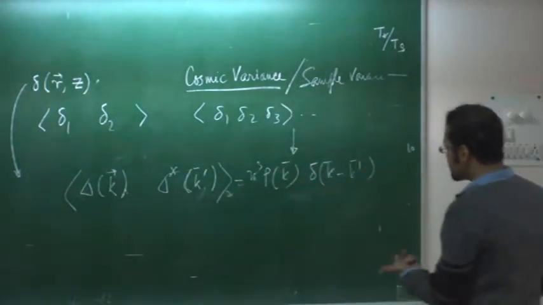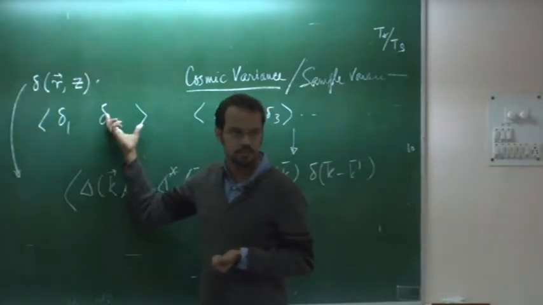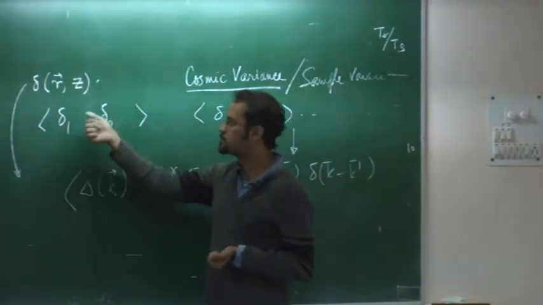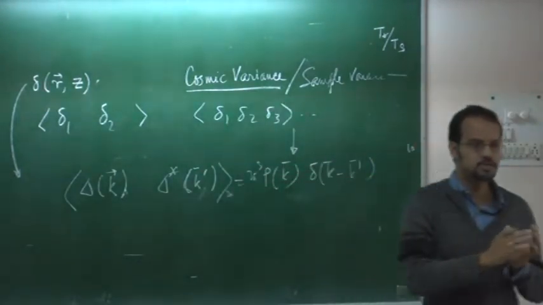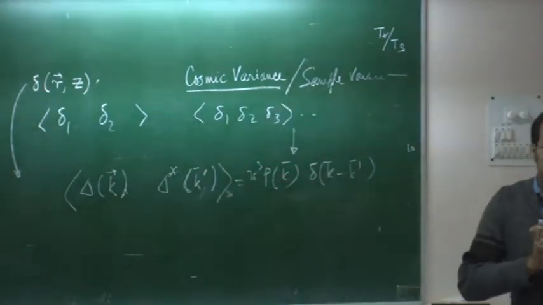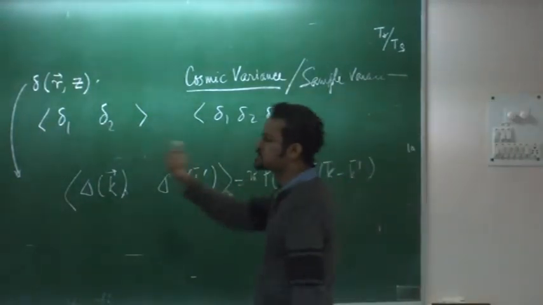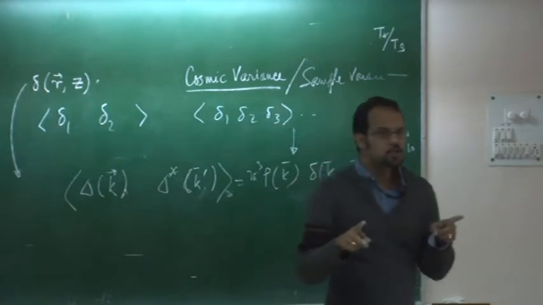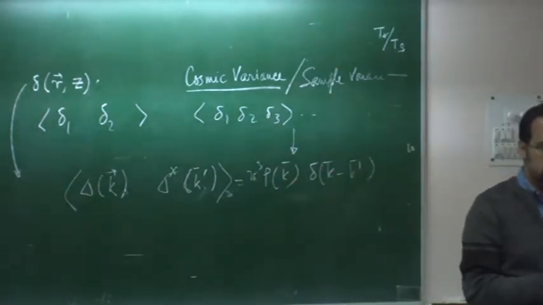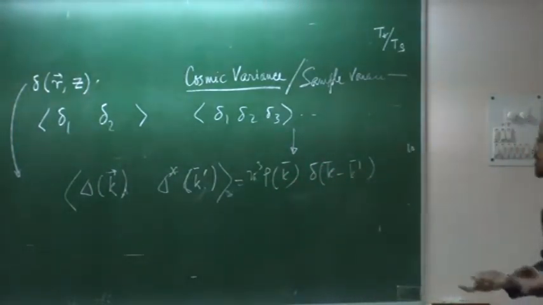It follows from translation invariance, because you don't want this quantity to depend on R1 and R2. It has to depend on R1 minus R2, which makes it translation invariant, which is the statement of statistical homogeneity. Further, it can only depend on the magnitude of the difference of R1 and R2, which is statistical isotropy.